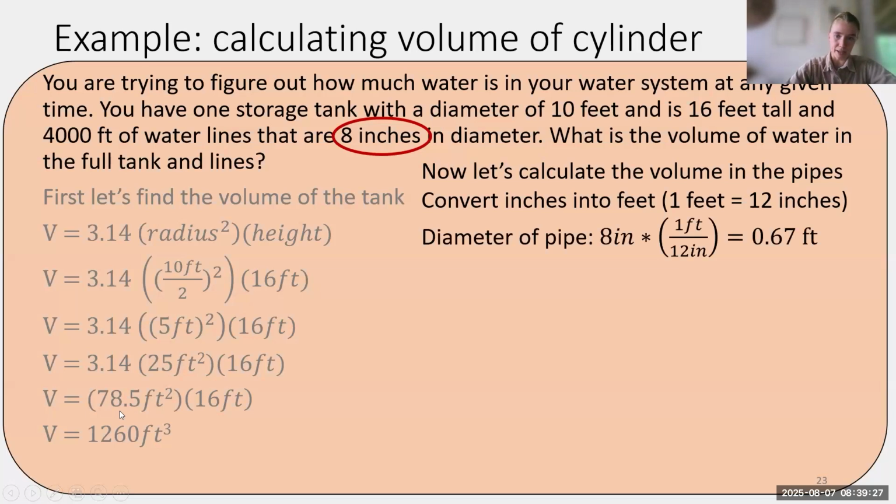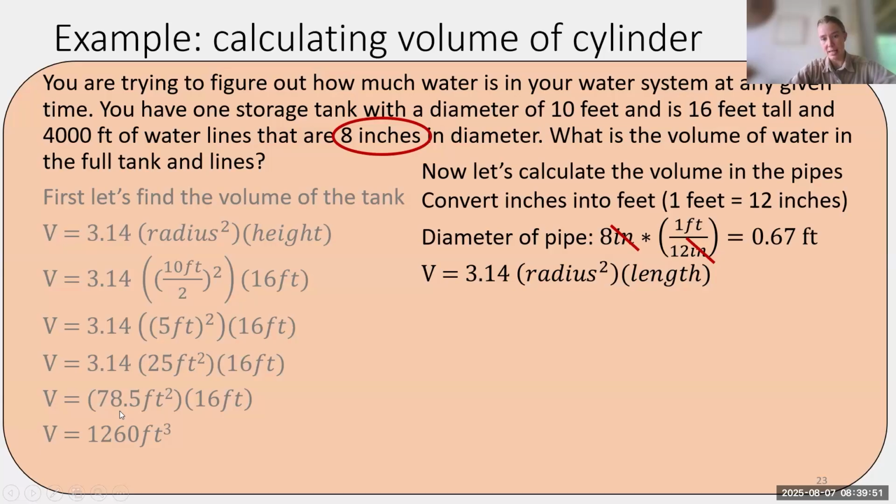So we can take that diameter of the pipe, 8 inches, do our conversion, multiply it by 1 foot over 12 inches. Those inches units cancel out because there's one on the top and one on the bottom. We divide 8 by 12. We're left with feet units, and that's going to be 8 divided by 12 is 0.67.